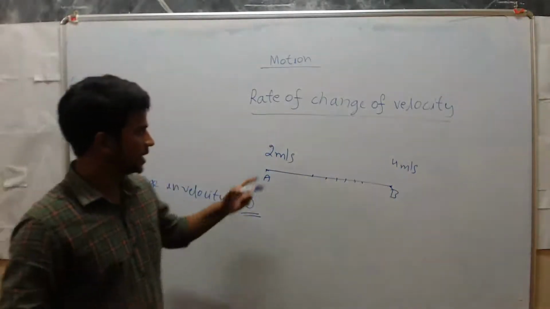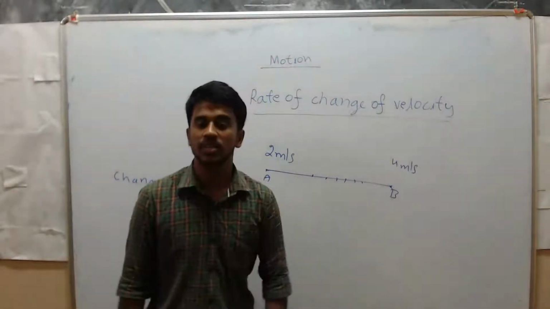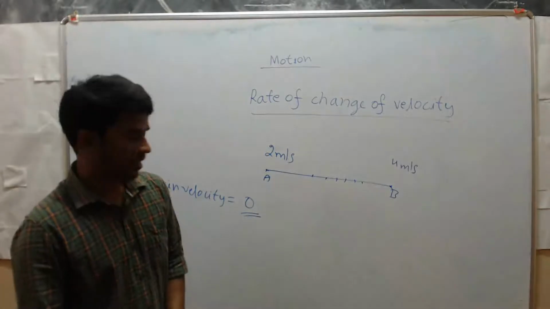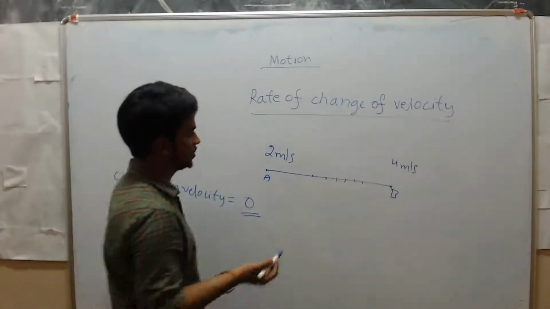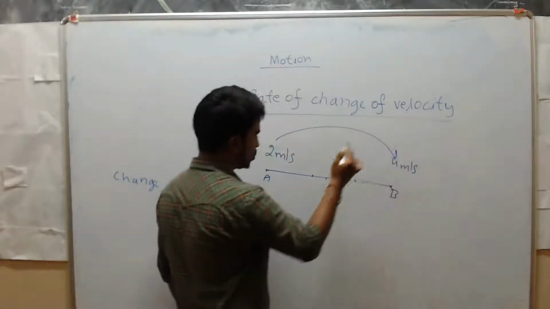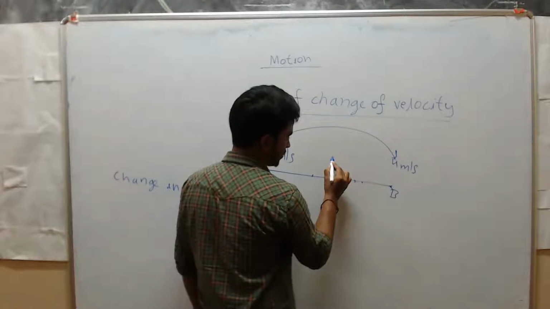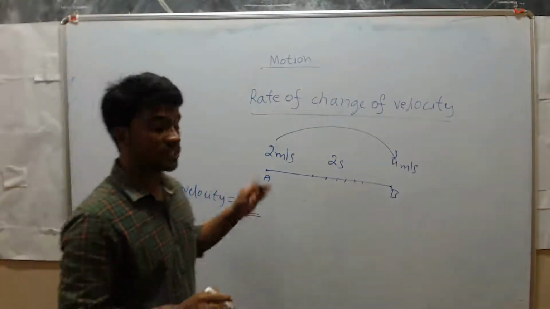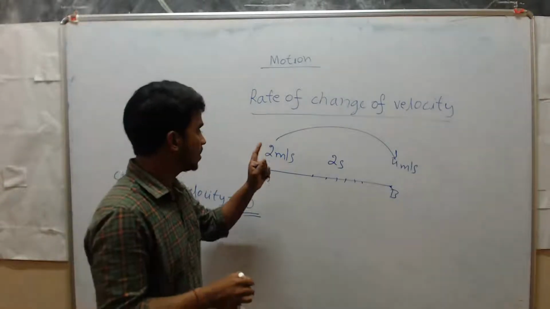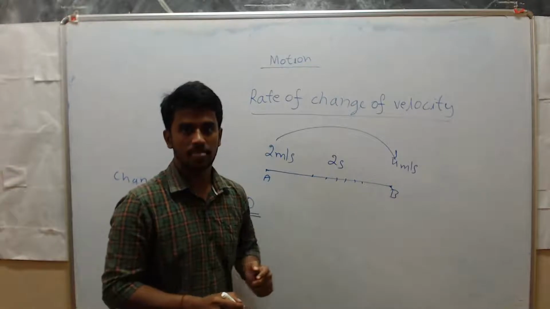So see here, that object changed its velocity from 2 to 4. Just imagine it takes 2 seconds. In 2 seconds, that object changed its velocity from 2 meter per second to 4 meter per second.